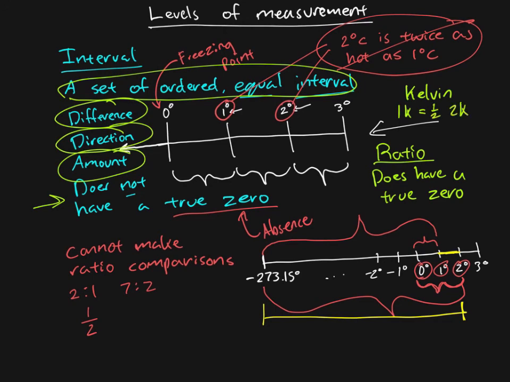Or to go with the same kind of statement I made before, we could say 2 Kelvin is twice 1 Kelvin. That is a valid statement because it is a ratio scale. It has a true 0, which means you can make ratio comparisons, and that is why it is called a ratio scale.